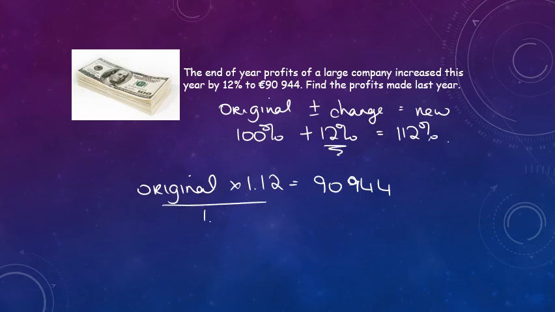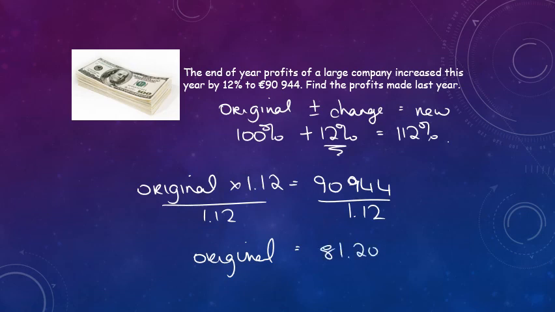So dividing by 1.12 gives us 81,200. So last year they made that profit, and then this year they made 90,944.